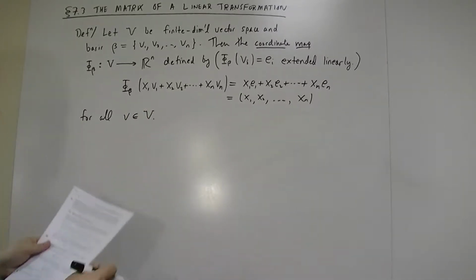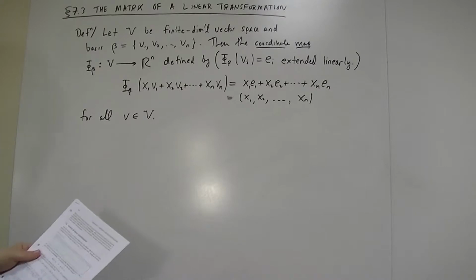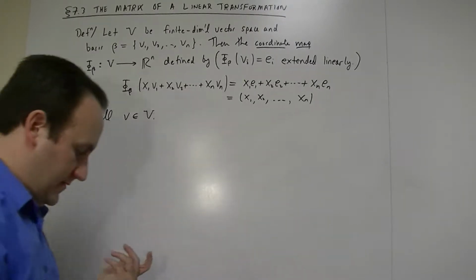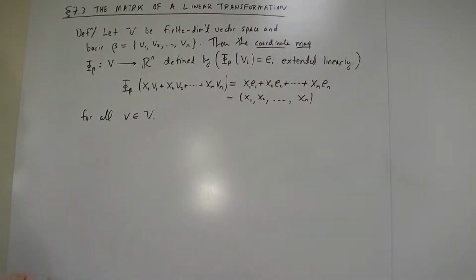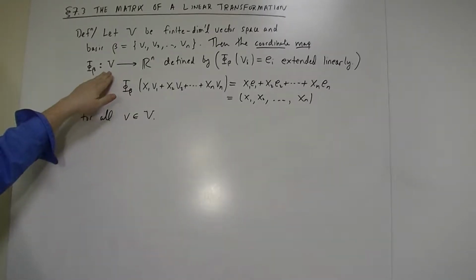All right. So what are the properties of this coordinate mapping? Well, it's linear, all right? It's a surjection. It's an injection, so phi beta is in fact an isomorphism. Phi beta is this sort of canonical isomorphism. Well, it's not canonical.